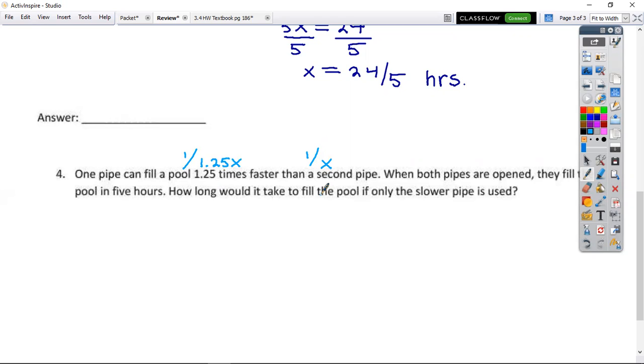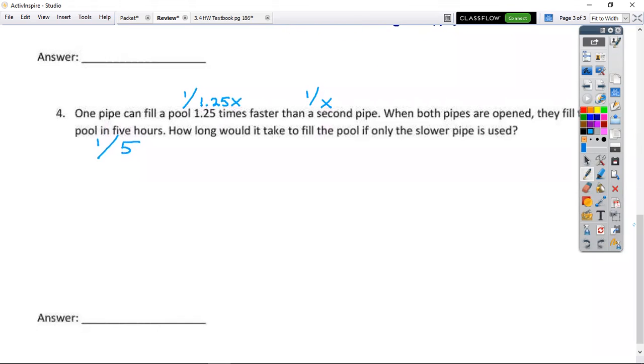When both pipes are open, they fill the pool in 5 hours. One pool, 5 hours. How long would it take them if only your slower pipe is used? So you're going to set up the same scenario. We're going to go 1 over 1.25x plus 1 over x is equal to 1 over 5.